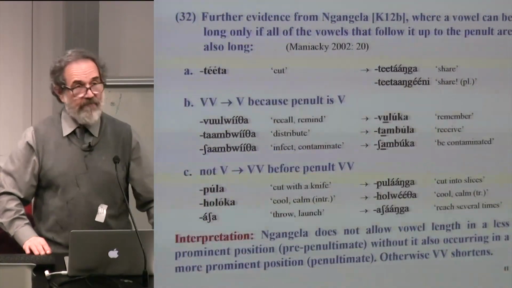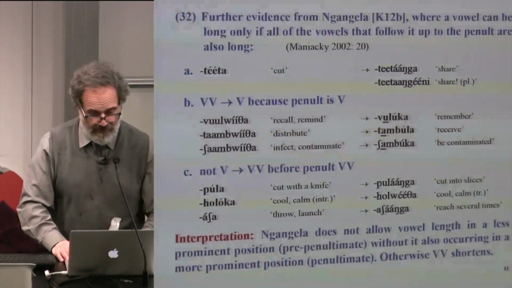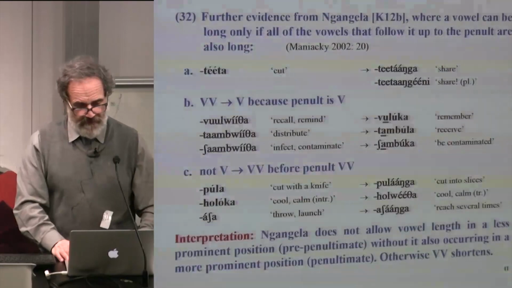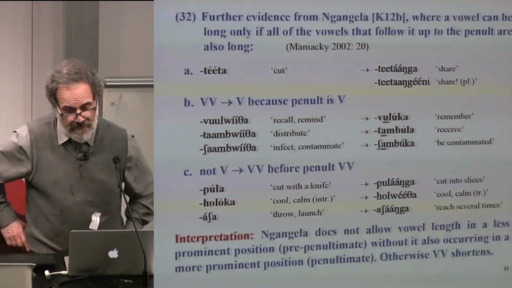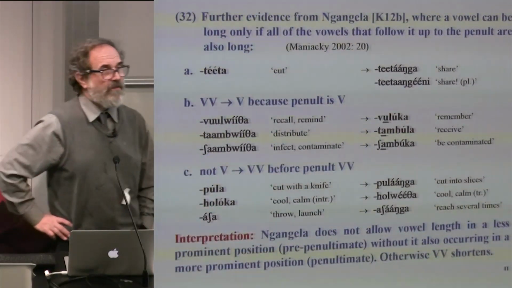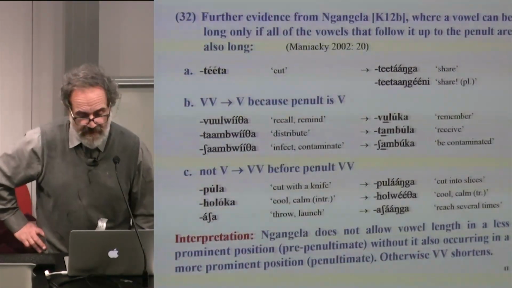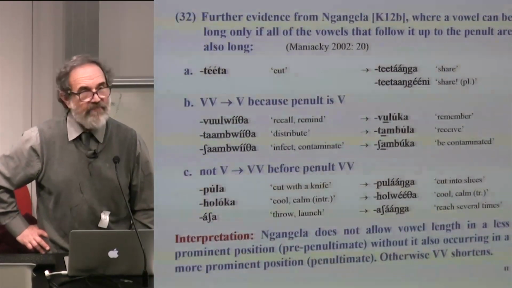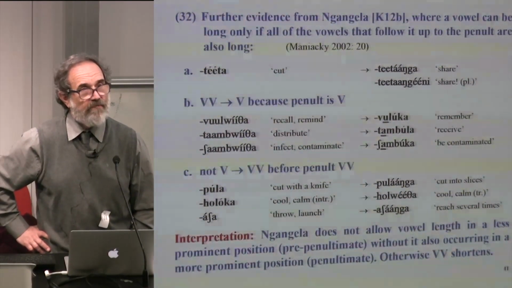Further evidence. Maybe this is one of my two favorites of the languages I'll talk about. Ngangela, described by Jacques Maniacky, who's at Tervuren. In his dissertation, he shows that there is an underlying contrast between long and short vowels. But he says here that a vowel can be long only if all the vowels that follow it up to the penult are also long.